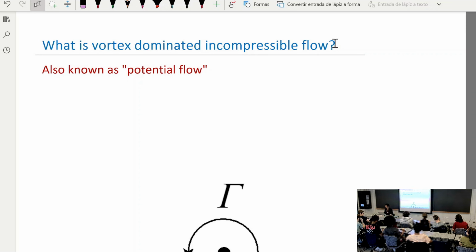All of these are kind of pushed down to us without explaining why. So the first question I want to answer is, what is vortex dominated incompressible flow? And then we'll answer the question of when do we expect this to happen, and why it happens behind the airplanes. So vortex dominated incompressible flow is also known as potential flow.